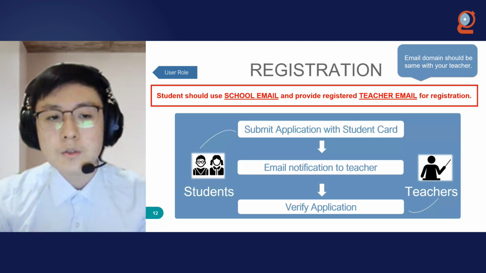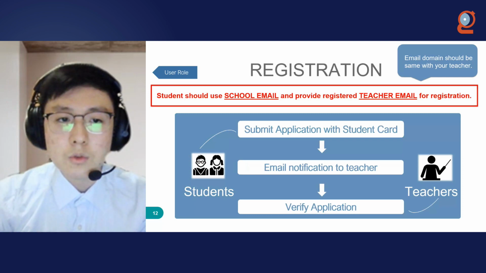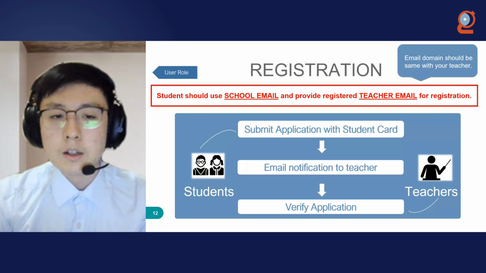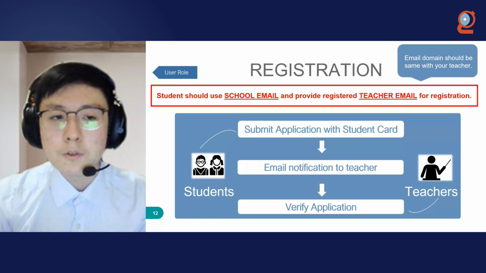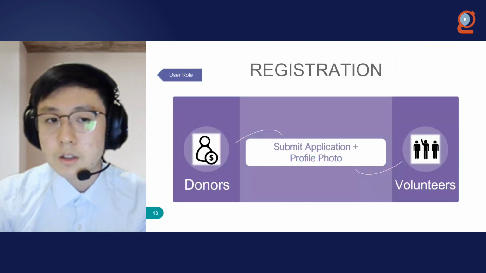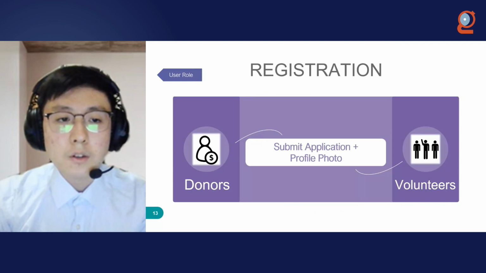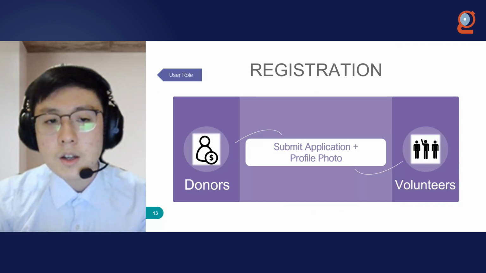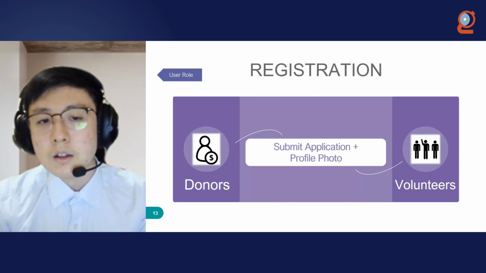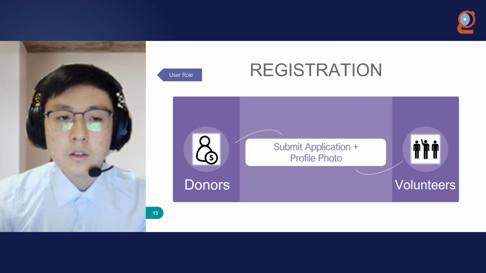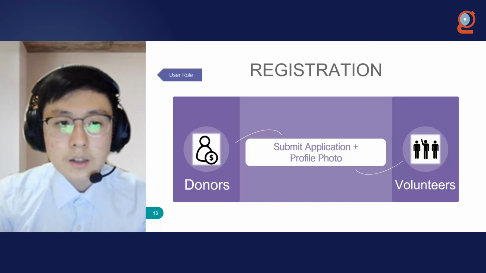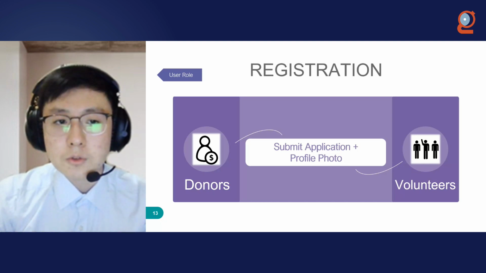A student needs to register with their school email and their student card and just wait for the teachers to verify the application. Next. Okay. For the registration of donors and volunteers, they just need to submit the application and upload their profile photos. In the next part, I will pass to Jerry.